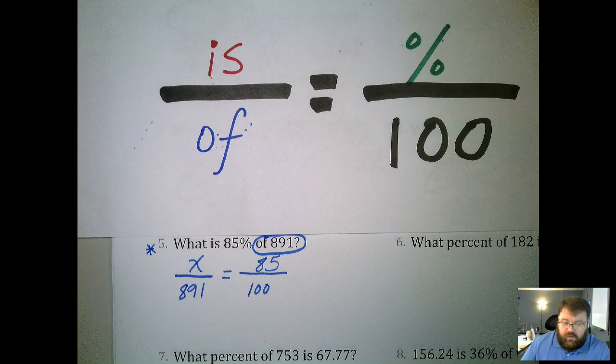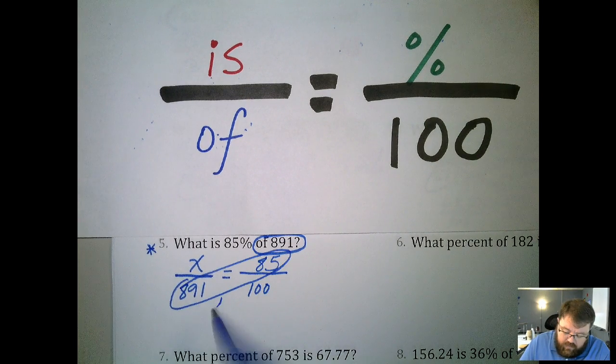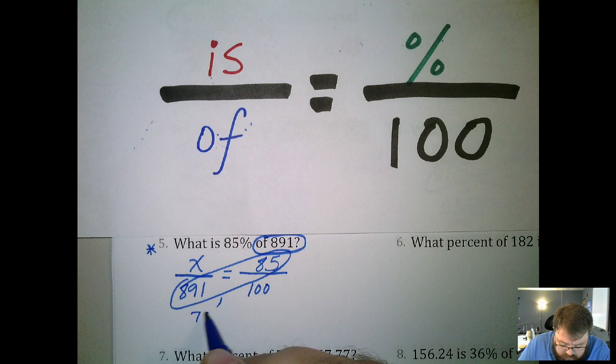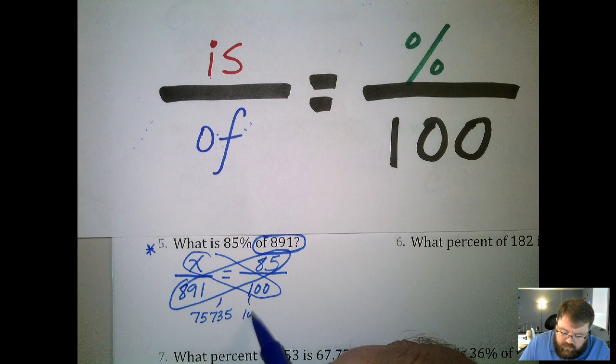Okay, hopefully you did cross products. 891 times 85. 891 times 85 is 75735. And you did x times 100, which is 100x.